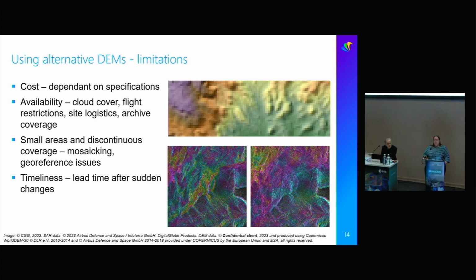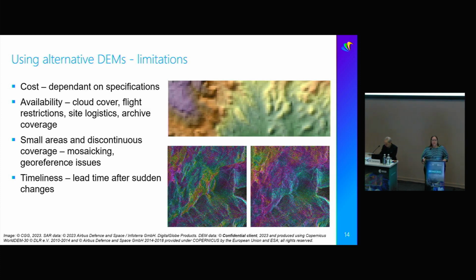Which DEMs you can use depends on what you're trying to do. There are obviously limitations. It's lovely to have really frequent, high-resolution elevation models anytime you want them, but that comes at a cost. So what you're trying to do with that data has to justify the increased cost. But there are also some technical barriers.